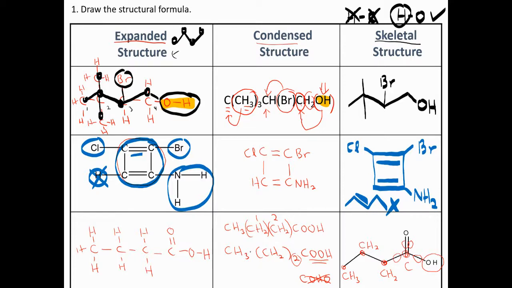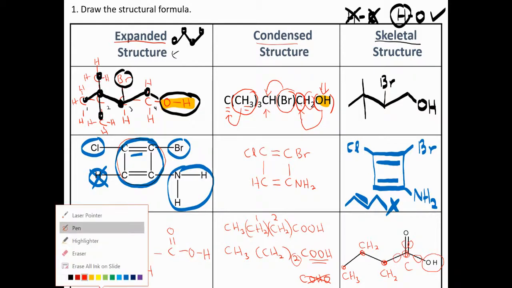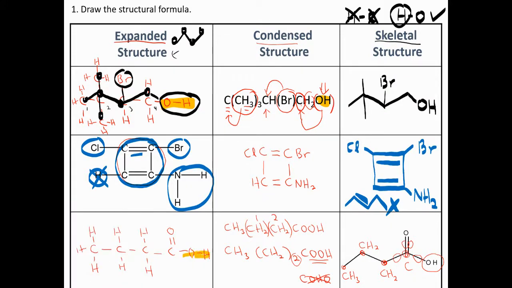Now I remind you again, the important thing is for expanded structure, remember to expand the hydrogen attached to oxygen. For cyclic, do not break them up, do not ever break them up.